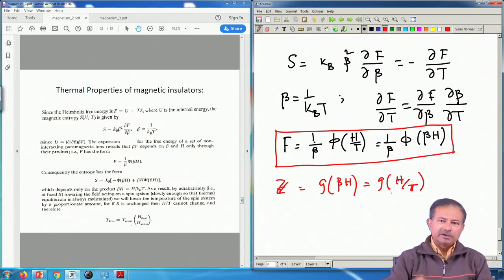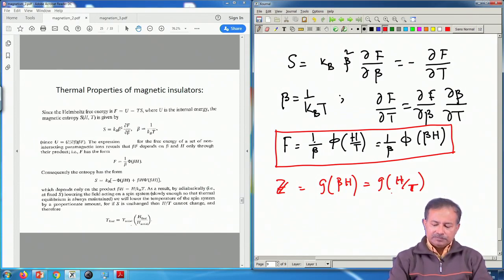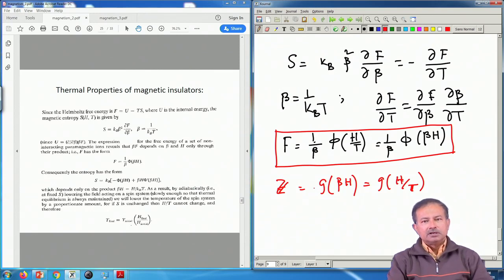If you go through an adiabatic process by keeping s fixed, and you do it, as I will show you, alternately adiabatic and isothermal, you can reduce the temperature of a system whose entropy is dominantly coming from magnetic entropies.